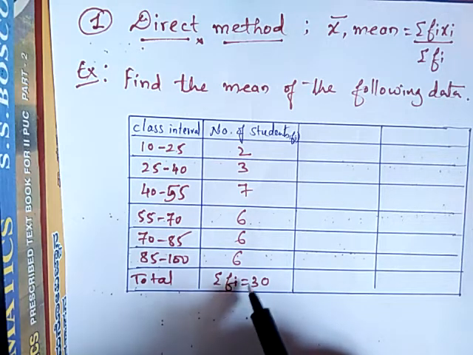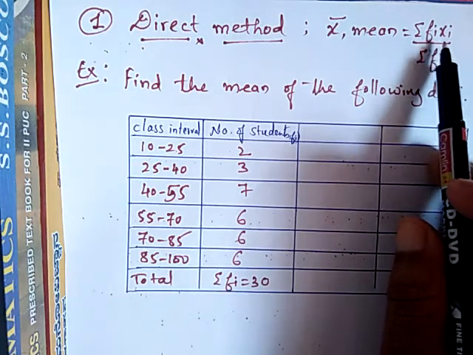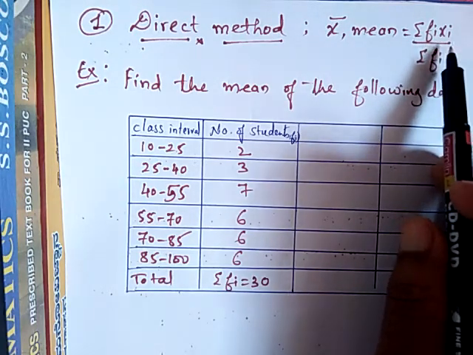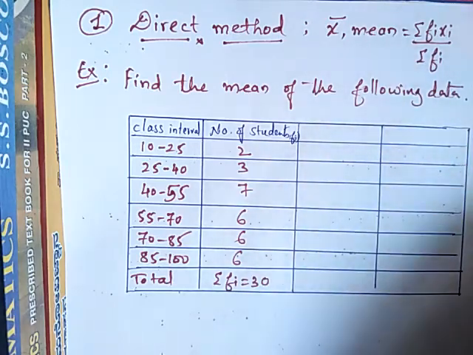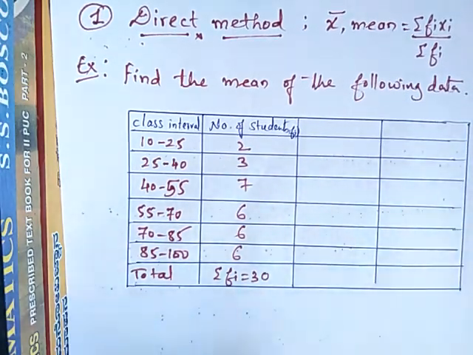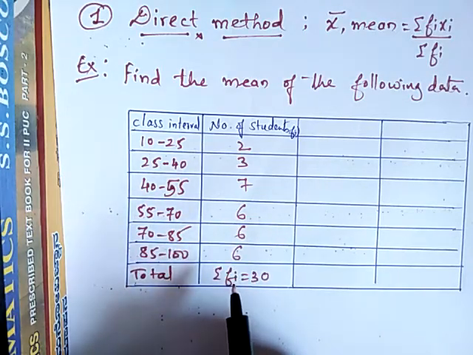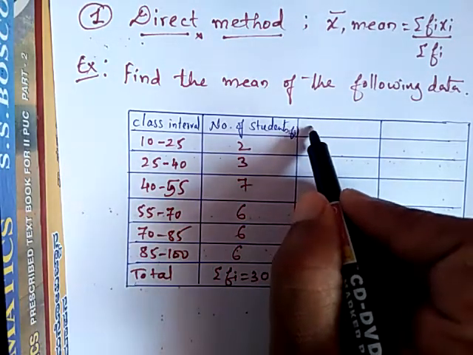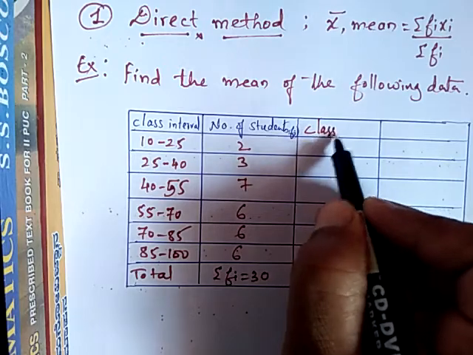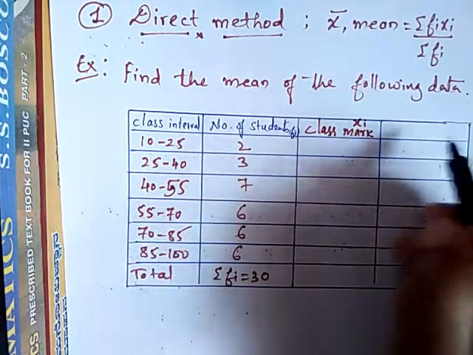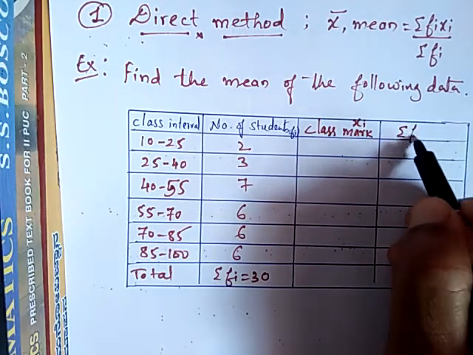To find the mean, fi is there, but we don't know fi xi, and we don't know xi. So we have to make two extra columns for this question. One extra column is the class mark, which is denoted by xi, and another is summation fi xi.